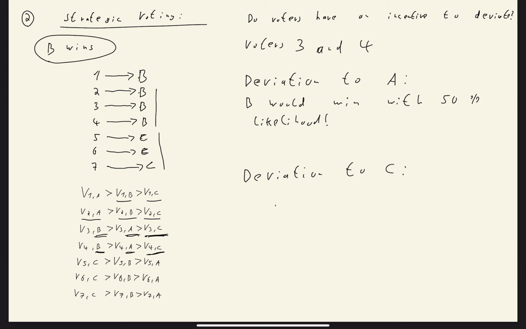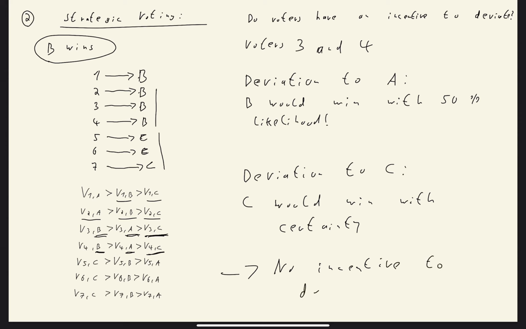So obviously there is no incentive to deviate to A. A deviation to C also doesn't make sense because then C would win with certainty, and by this deviation, they are making sure that their least preferred candidate is winning as opposed to their most preferred candidate. The consequence is that both of them have no incentive to deviate.